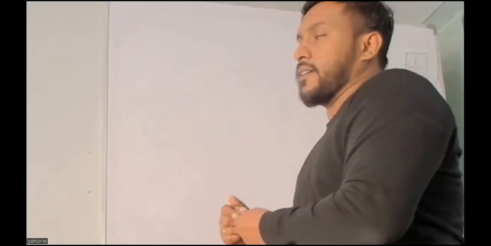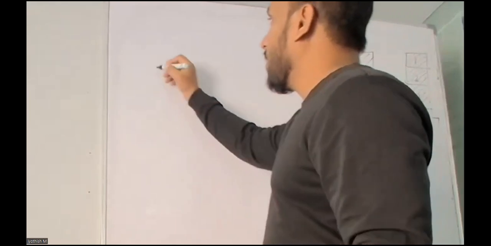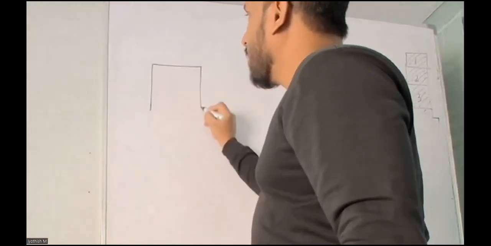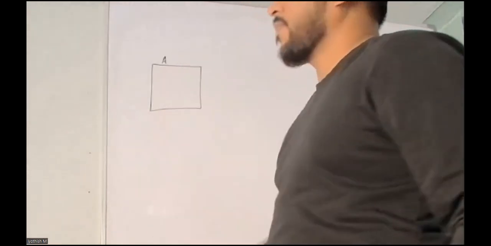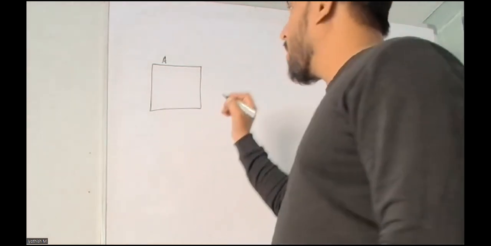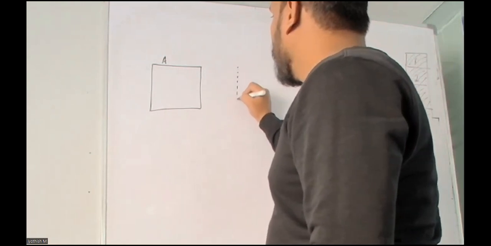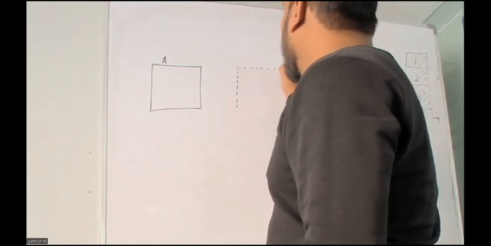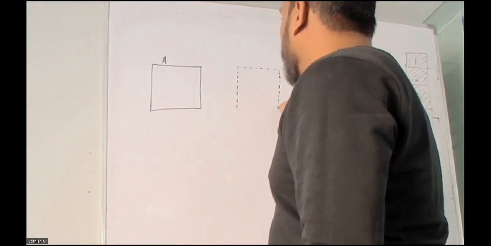So suppose you consider a class A, and I want to create an object of this, a copy, a clone of this.